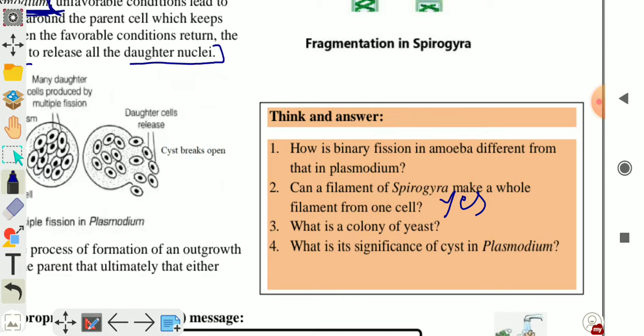What is the colony of yeast? What do you mean by colony of yeast?